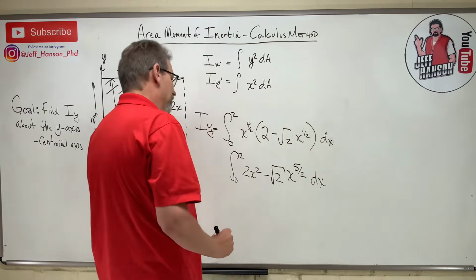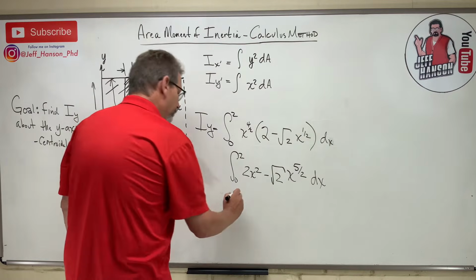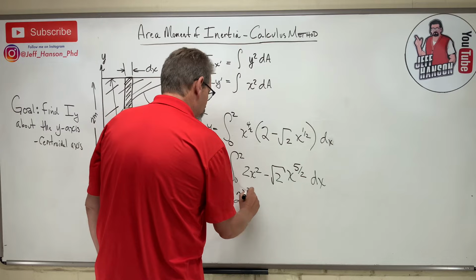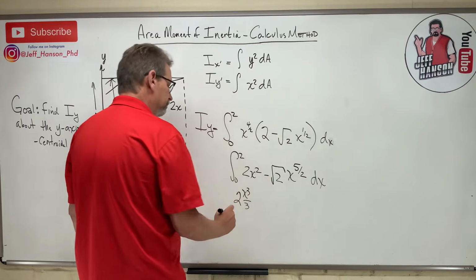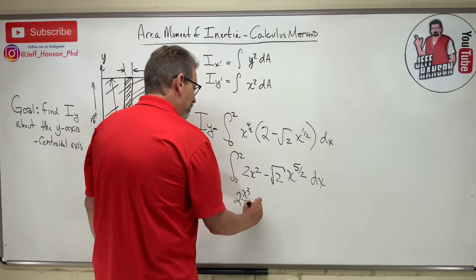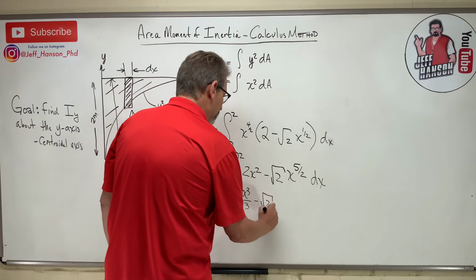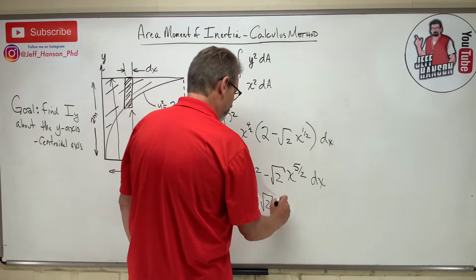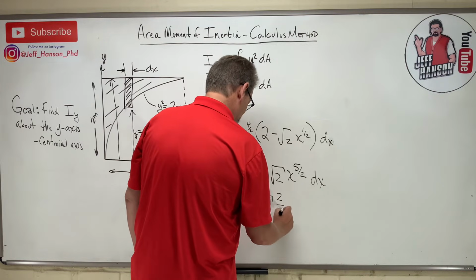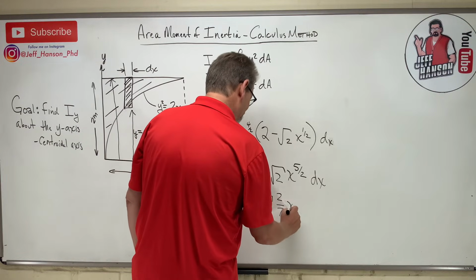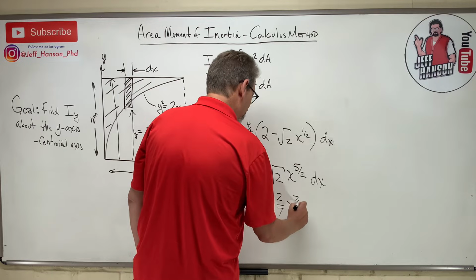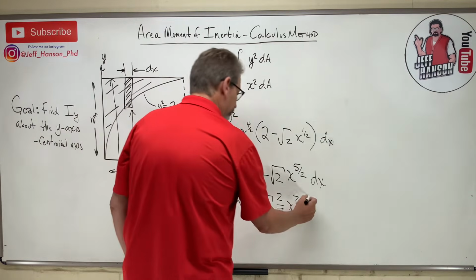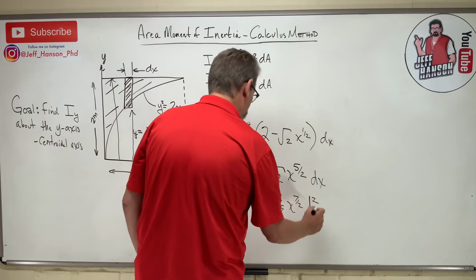Okay, here we come. We're integrating. So 2 times x squared turns into 2x cubed over 3, minus root 2, there's the constant, times x to the 5/2 turns into 2/7 x to the 7/2, again from 0 to 2.